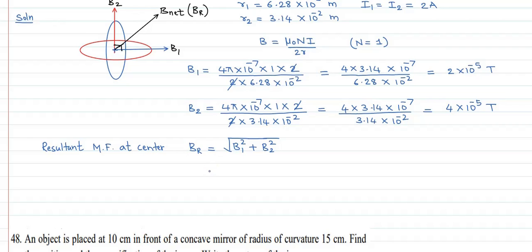Now substitute the values: root of 2 square plus 4 square, times 10 raised to minus 5. Simplify, you will have the answer 4.47 into 10 raised to minus 5 Tesla.